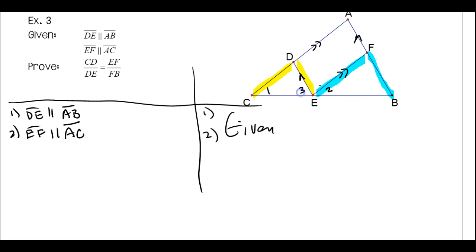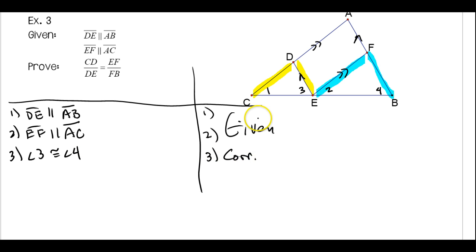And then I'm going to put a 3 and a 4. These are parallel, so I know that 3 and 4 are going to be congruent. Angle 3 is congruent to angle 4. Those are corresponding angles.